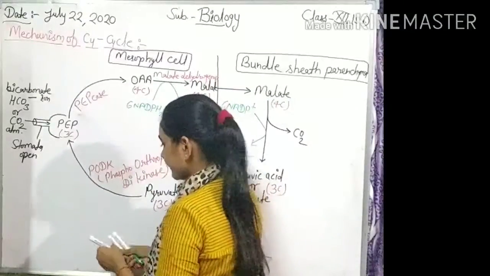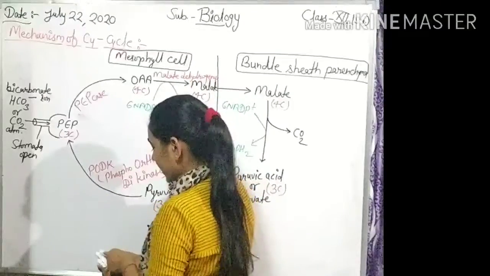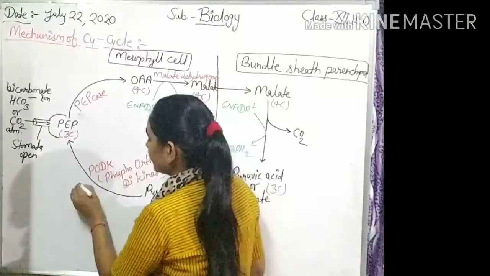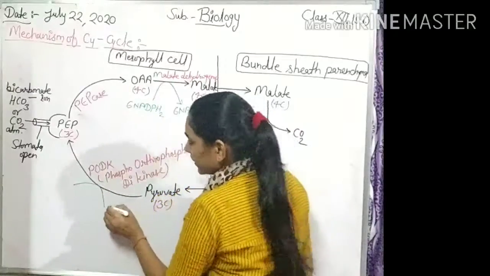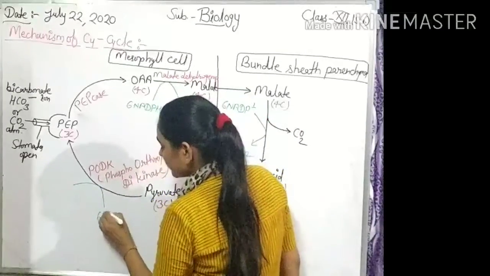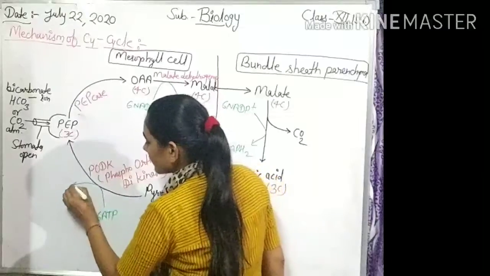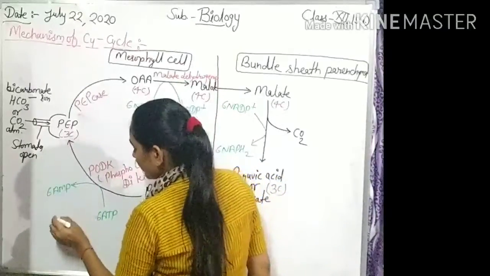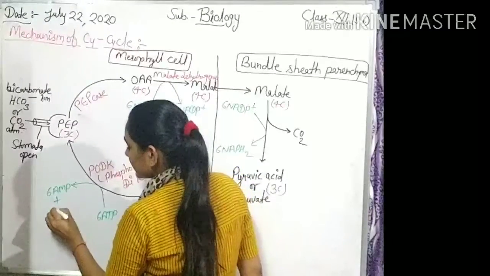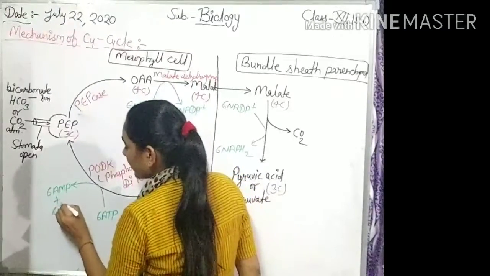It uses 6 ATP molecules, which convert into 6 AMP plus 6 inorganic phosphate.